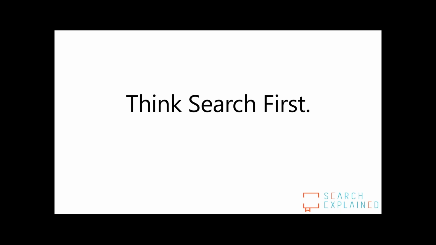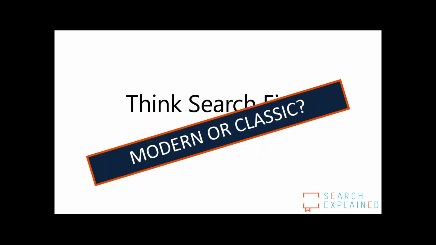And when I say think search first, you might ask: modern or classic? Do I want to think about the personalized, modern, new, shiny search in Office 365, or the classic search? Because as you just saw, they are different, they need different approaches, and they need different ways of optimizing the content.